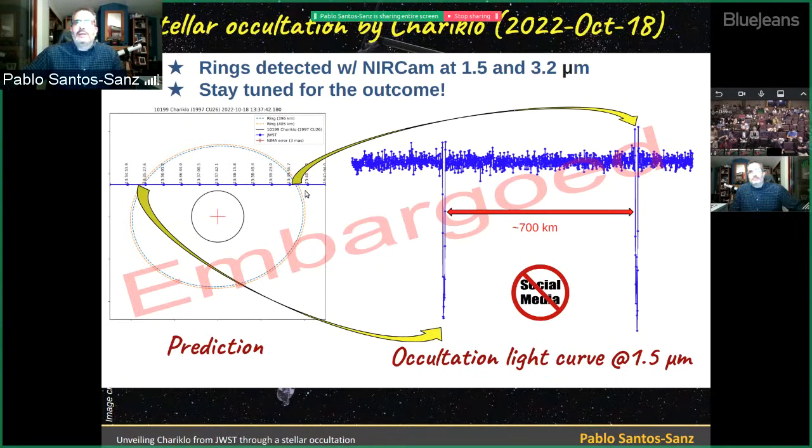We are of course searching in the images for new putative rings, and we will also do an in-depth search for new satellites or new dusty and diffuse rings.